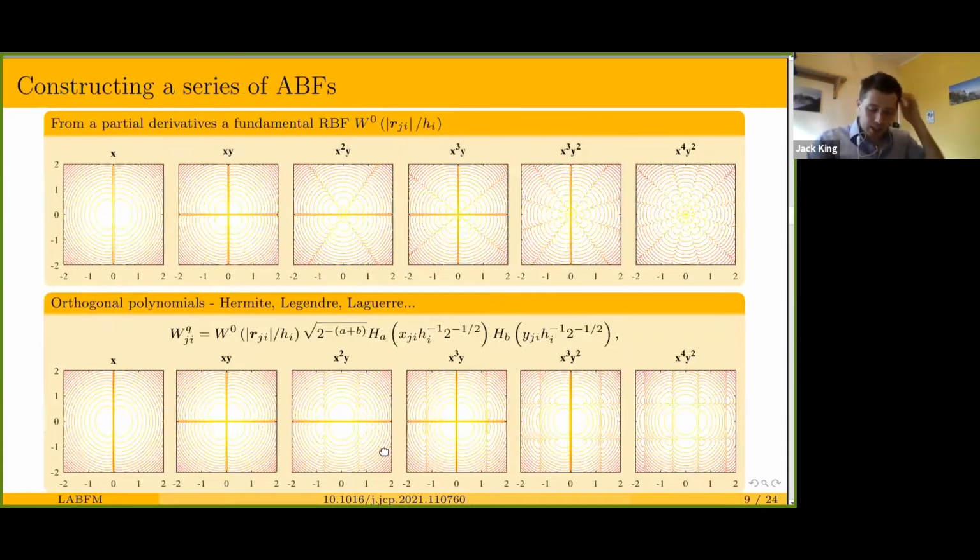But the key thing really then is, how do we choose our anisotropic basis functions? So I've explored two approaches. The first is to set the anisotropic basis functions as a series of the partial derivatives of a radial basis function, and that radial basis function could be an SPH kernel, for instance.